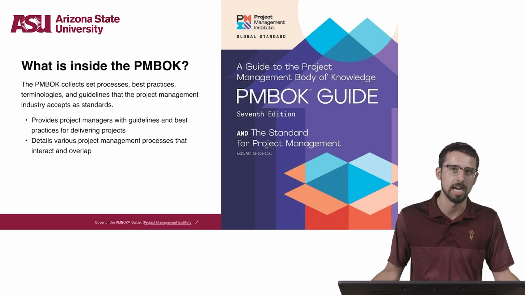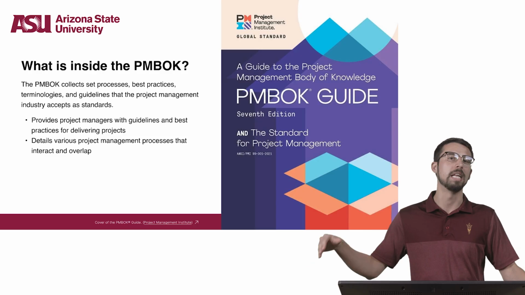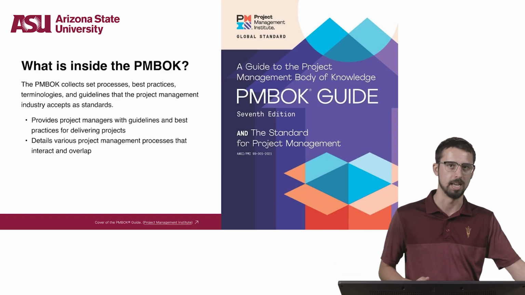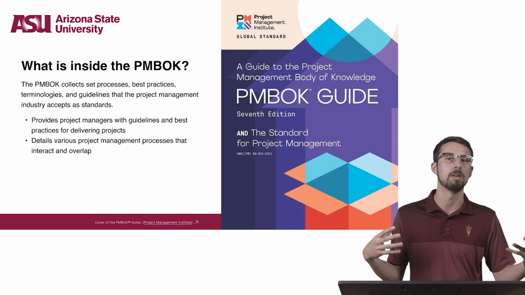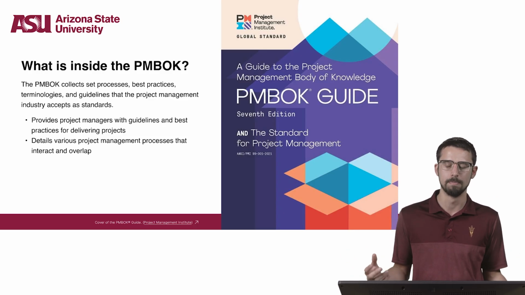The PMBOK Guide provides project managers with guidelines and best practices, defining everything from the project lifecycle to the project management strategies and concepts. And the PMBOK Guide details the various project management processes that interact and overlap throughout a project's lifecycle.